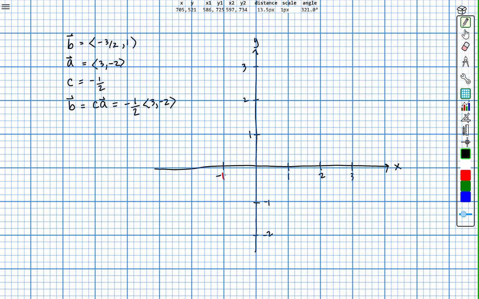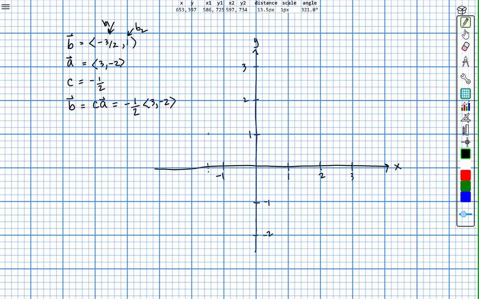And now let's look at vector B. Vector B has component of minus 3/2. That's going to be the x component, and 1 for the y component. So minus 3/2, that's the same as 1.5. So that's minus 1.5 on the x-axis and 1 along the y-axis.